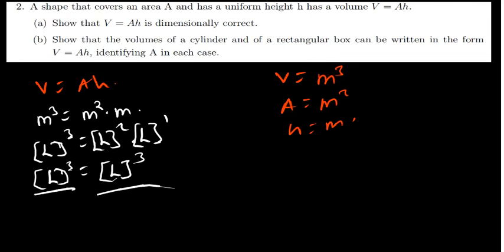Show that the volume of the cylinder or a rectangular box can be written in the form of V is equal to AH. They are saying identifying A in each case.